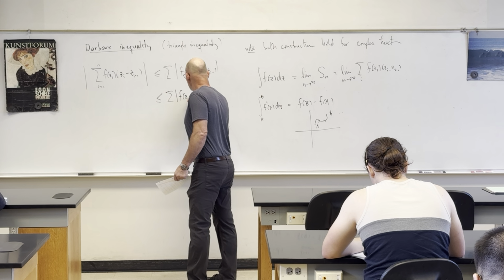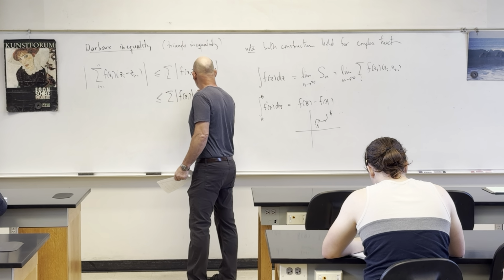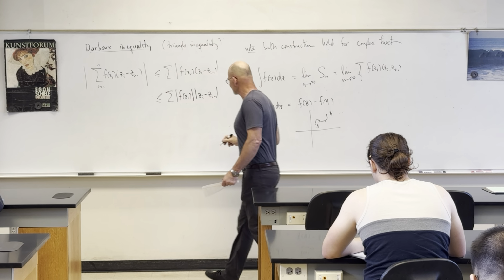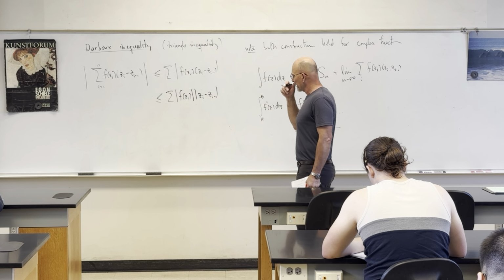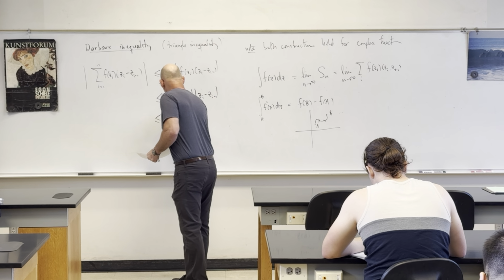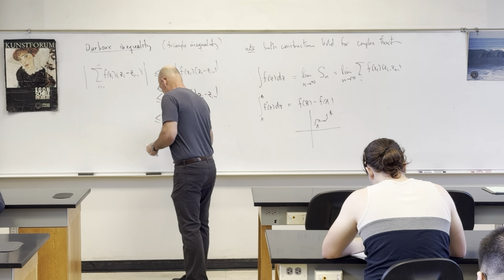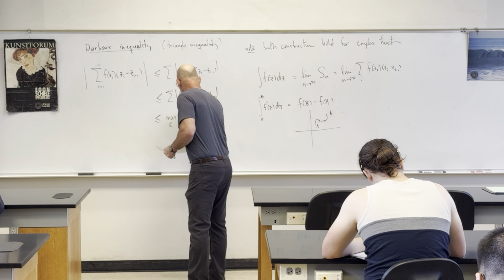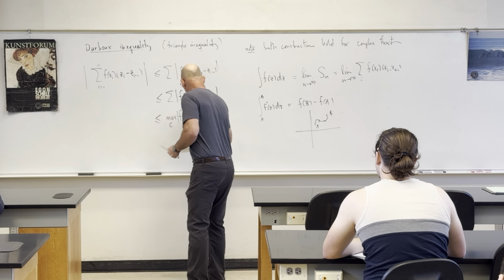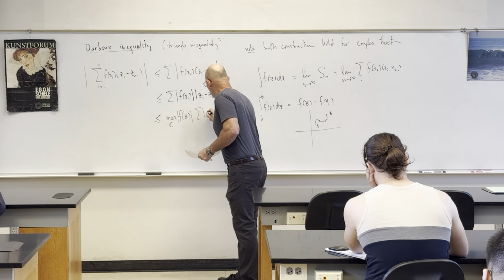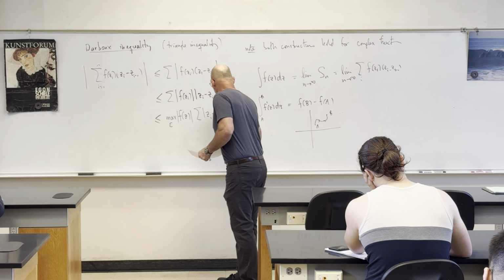That is less than or equal to the maximum on the complex plane of our function, the magnitude of f of z, times the sum over the magnitude of z_i minus z_{i-1}.